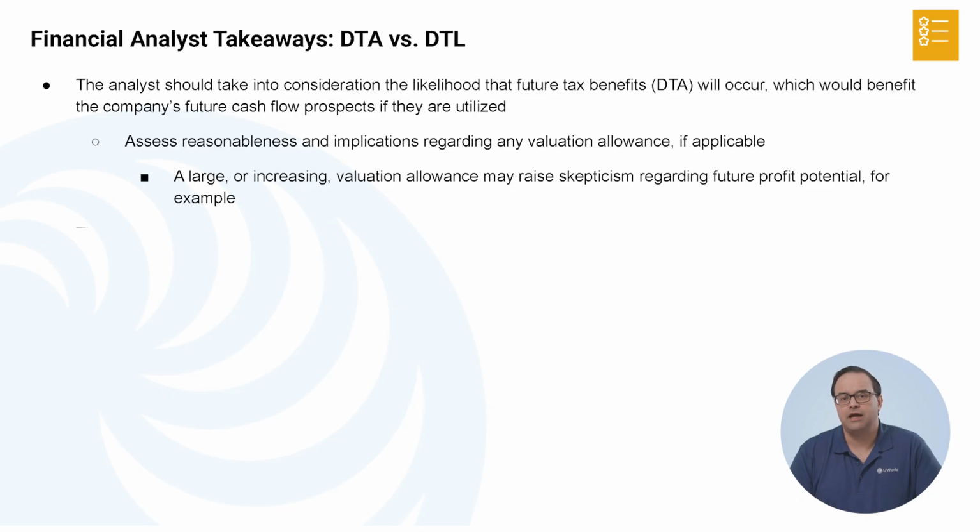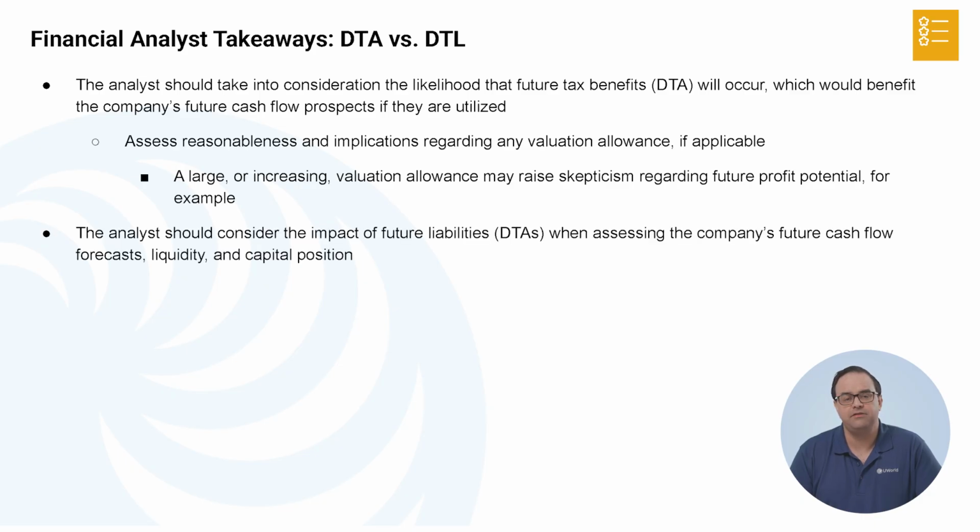For example, if there was pending legislation that would change the way companies could record depreciation for tax reporting purposes or GAAP or both, that could be a specific reason why there's a valuation allowance tied to that deferred tax asset.